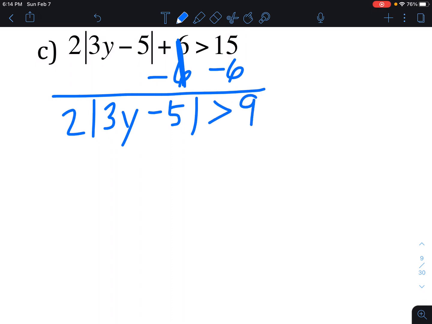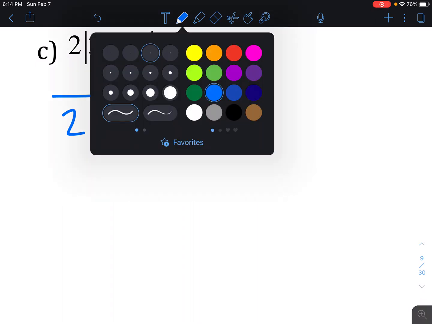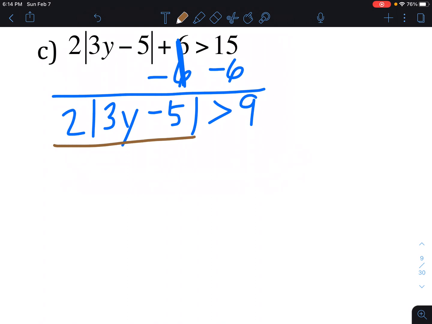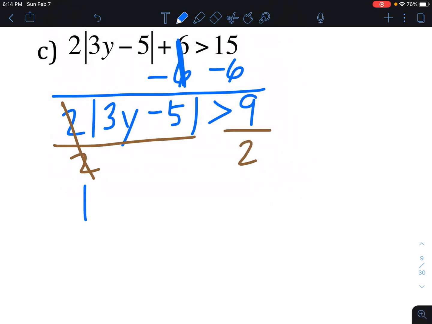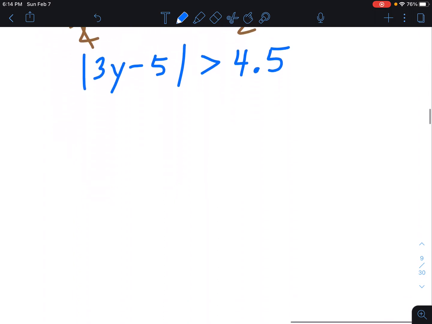I'm saying it for a third time: do not distribute the 2. Not allowed with absolute value. So your next step needs to be divide by 2. Okay, so now it's isolated.